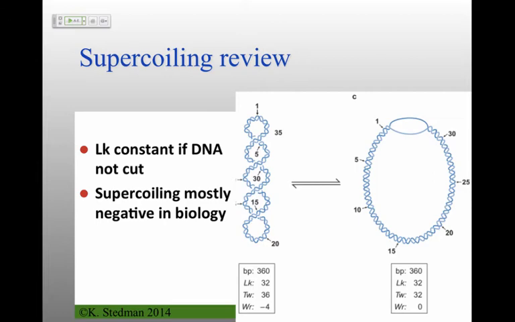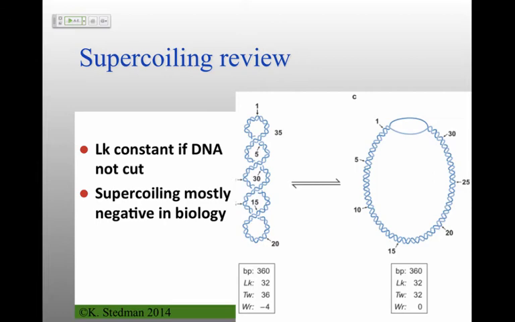One of the things that I forgot to mention, or hope that you all know: how many base pairs are there per turn in B-form DNA? There are 10 base pairs each time you go around. So if you know the number of base pairs in a particular molecule, 360 in this case, that'll give you exactly the twist. Just divide by 10. So here our twist is 36.